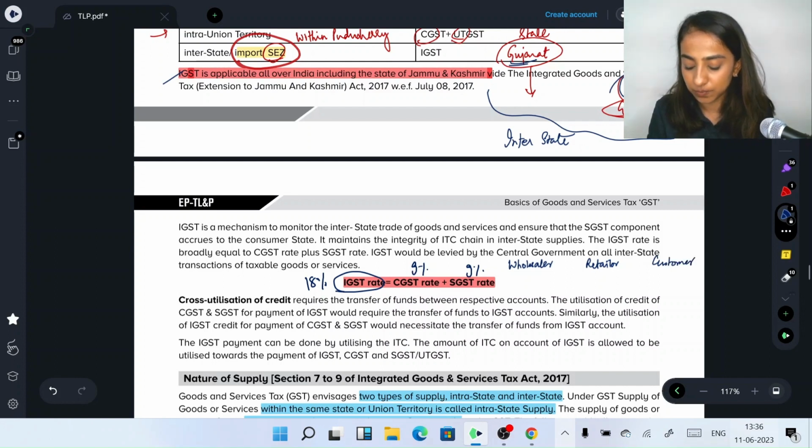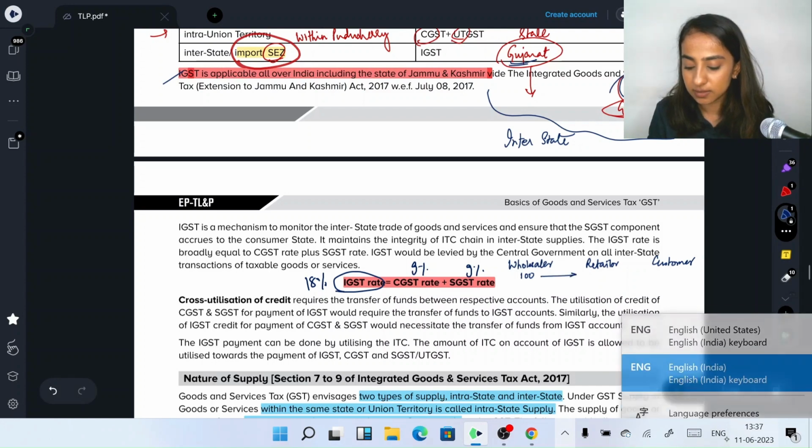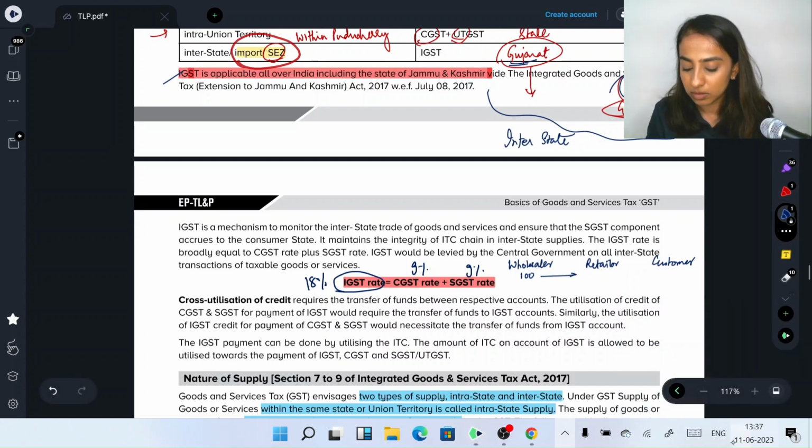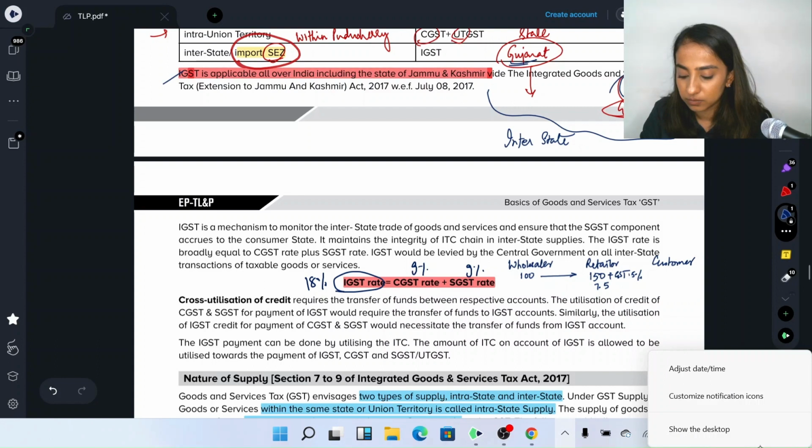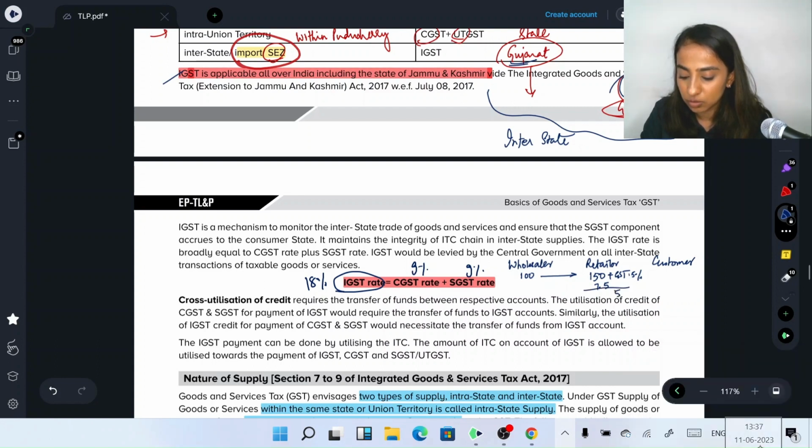Now let's say the wholesaler purchased the goods at 100 rupees. Now he sells this at, let's say, 150 rupees, plus GST. GST of how much? 5%. Can we talk about 5%? So what is 5% of 150? 7.5. So what is the cost of the goods?